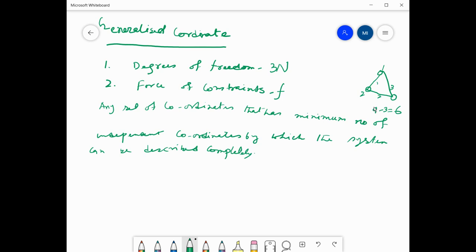These are called generalized coordinates.